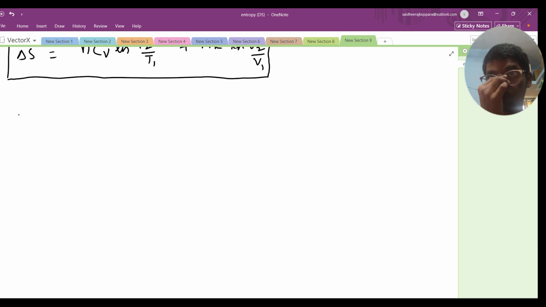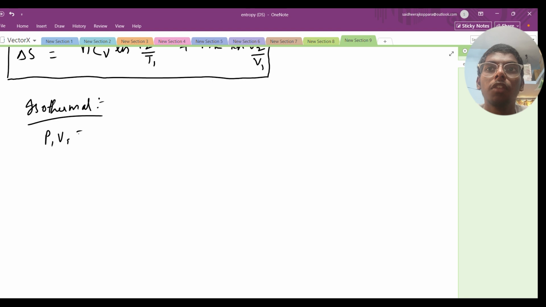Next, let us look at each and every process. So if the process is isothermal, then we know that P1V1 equals P2V2, and we also know that temperature is constant, right?